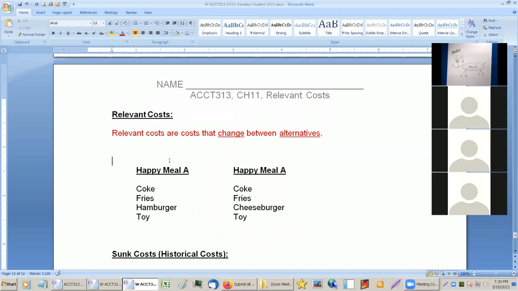Okay, so we have Happy Meals below. What items in the Happy Meals below are relevant?